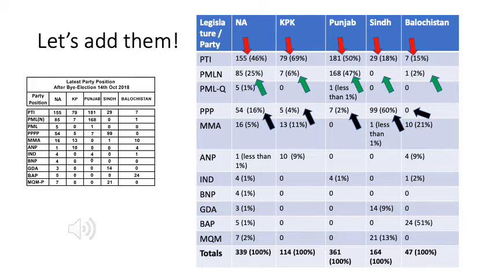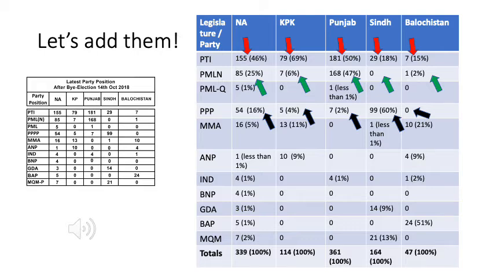It gets 25% of seats in the National Assembly, 47% in Punjab, only 6% in KPK, and just one in Baluchistan and none in Sindh. So there's an even bigger variation there as well. Clearly, where the provincial assembly is makes a huge difference as to how many seats each party gets.